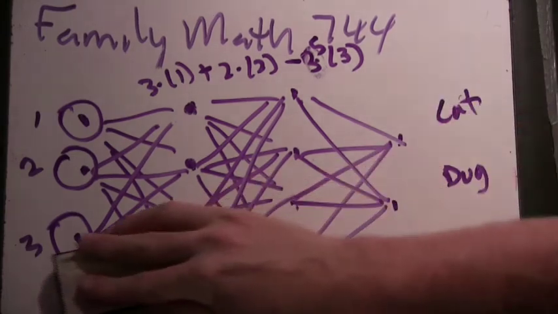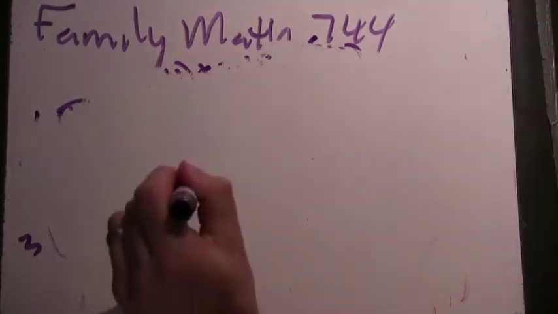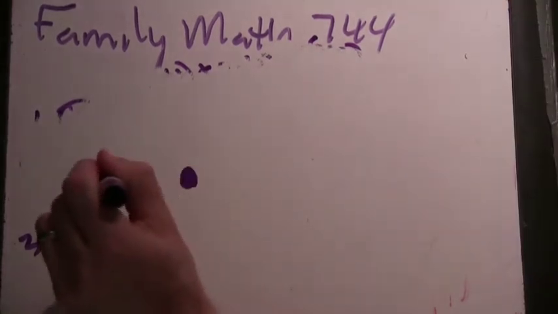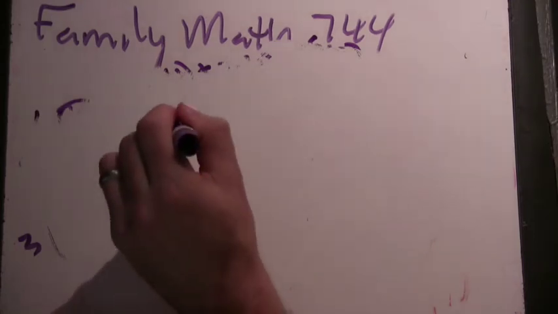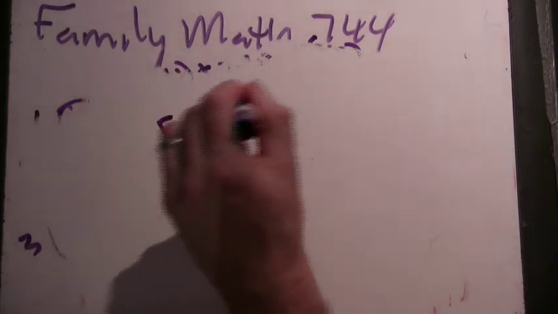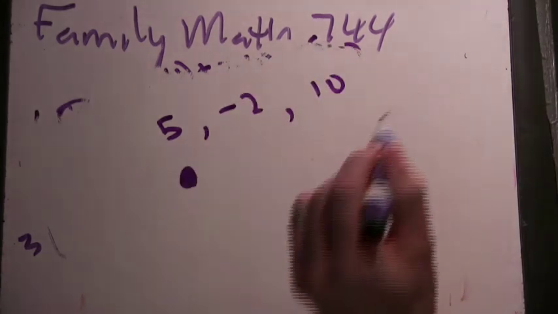So they found that when a neuron had its total, let's call it the weight, let's say the weight was 5, or minus 2, or 10, something like that.